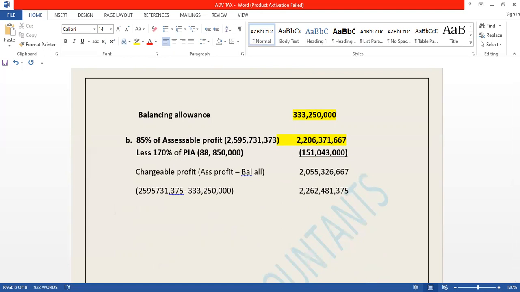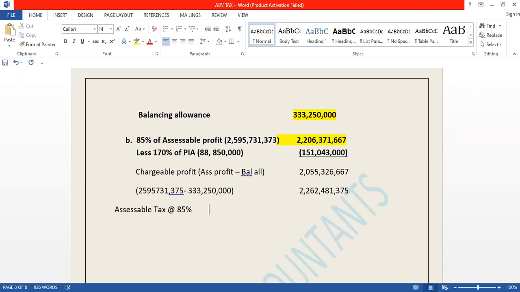So it's going to be accessible tax at 85%. So let's calculate what is 85%.